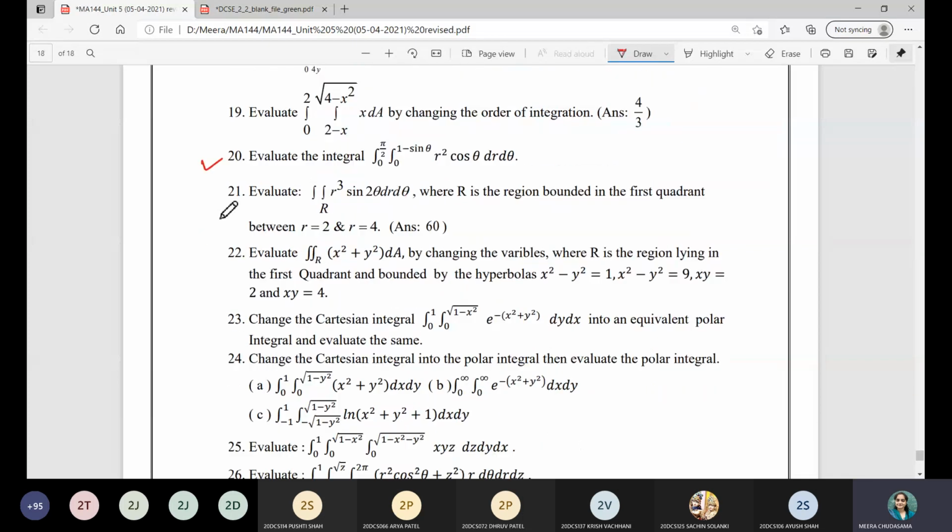This is what we did in the last class. Now we are going to consider this one. Evaluate the double integration over R of x square y square dA. Order is not given.